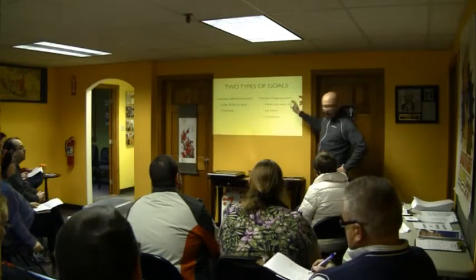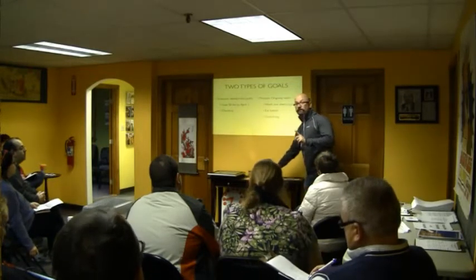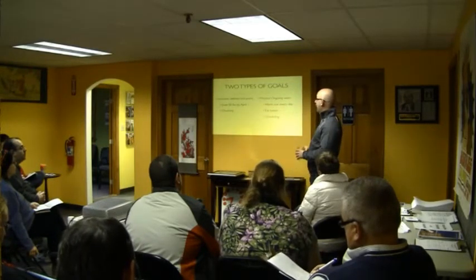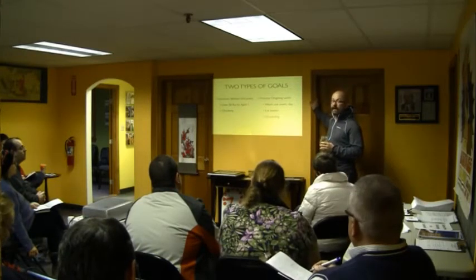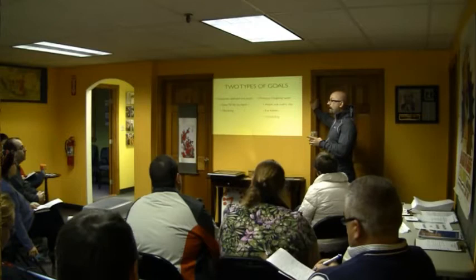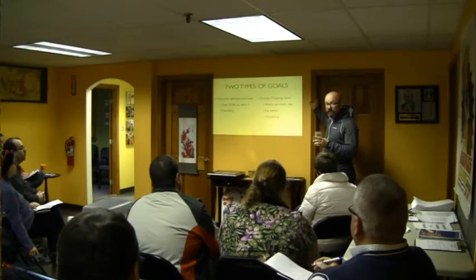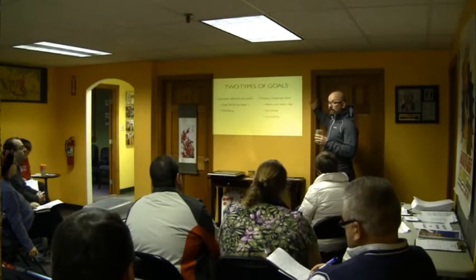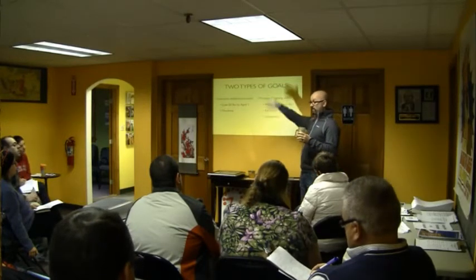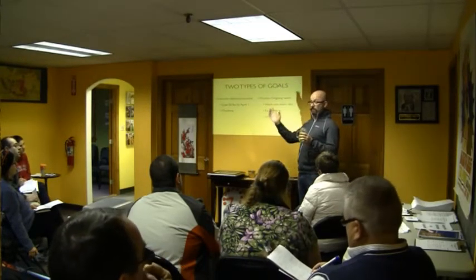Okay, 2 types of goals. The first type of goal is an outcome-based goal. This is a goal that has a defined endpoint. So when you write down, I want to lose 50 pounds, let's say, you better have a date with that. You can't just say, I want to lose 50 pounds whenever.